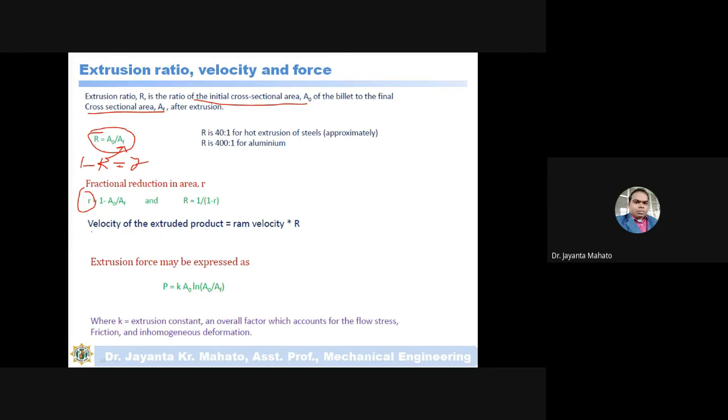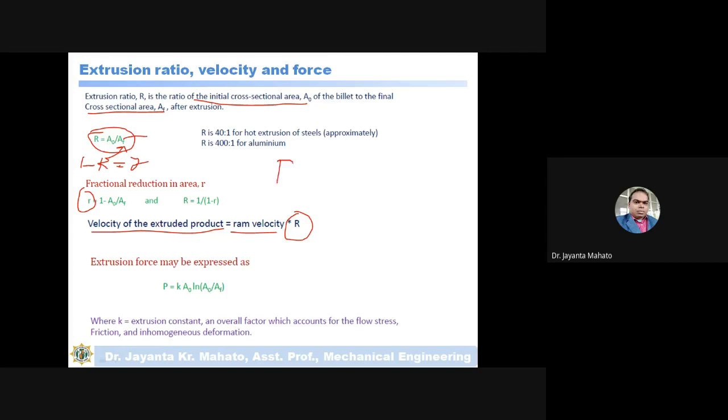And the velocity of the extruded product is the ram velocity multiplied by R. This R is the extrusion ratio. If the extrusion ratio is more, A f will be lower.